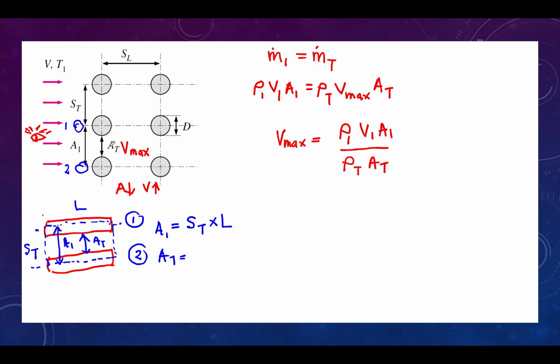Sorry, we want to find from this point to this point, and we only have the ST value. For example, here is the diameter, so this is the radius of the tube, and this is also the radius of the tube.